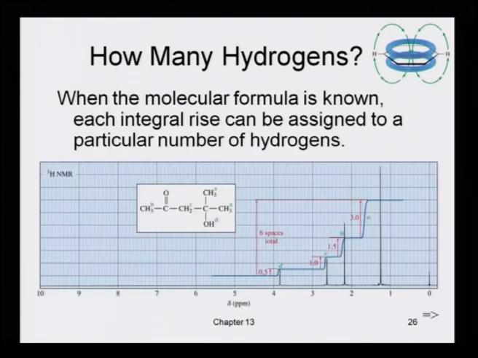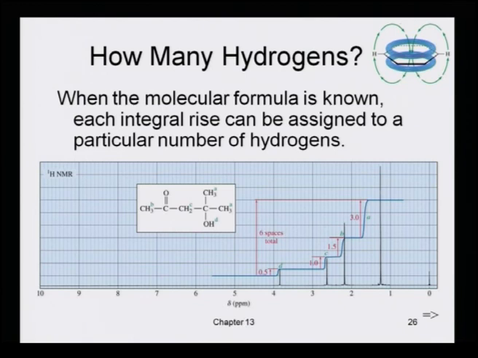How many hydrogens? When the molecular formula is known, each integral rise can be assigned to a particular number of hydrogens. Because every proton has its proportionality, it is possible to calculate the total number of hydrogens in a molecule from this integral rise.